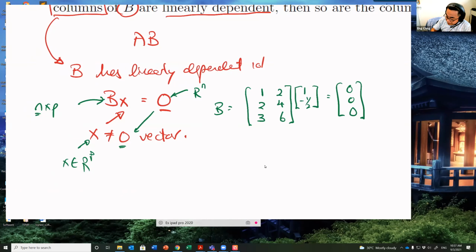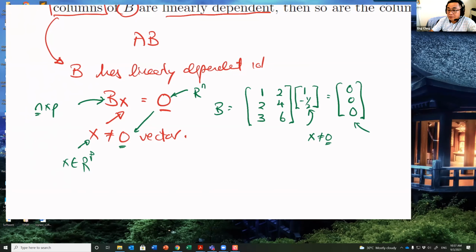So it's a very strange thing. B multiplied by x, and x is not equal to the zero vector. In here, the zero vector is in R^2, 2 elements. In here, the zero vector is in R^3, 3 elements. So you have to get this shorthand right.